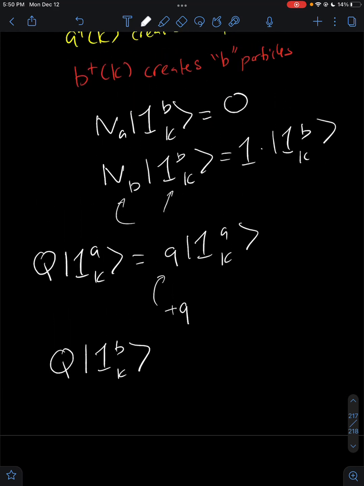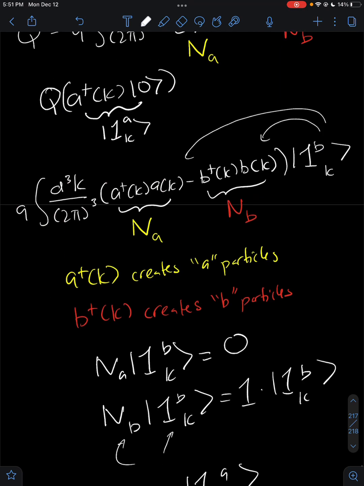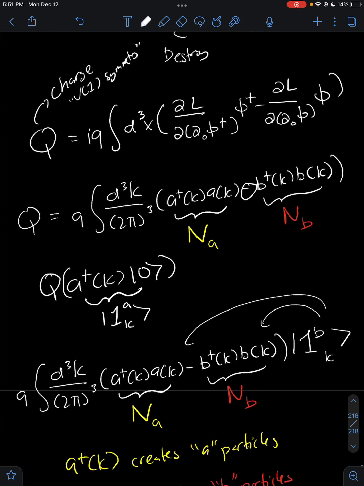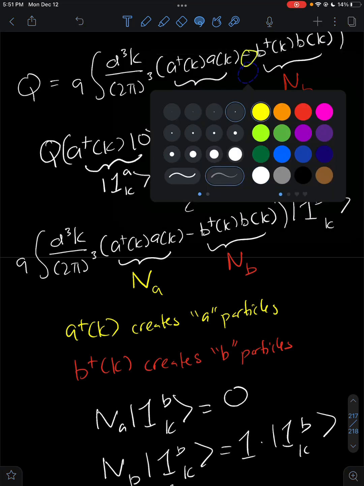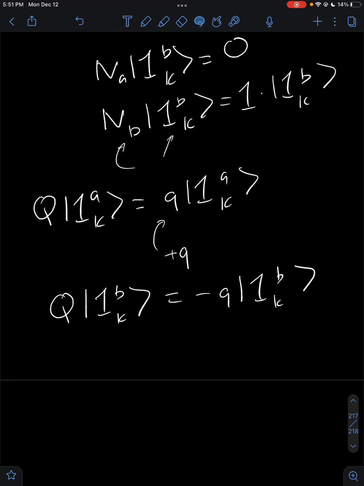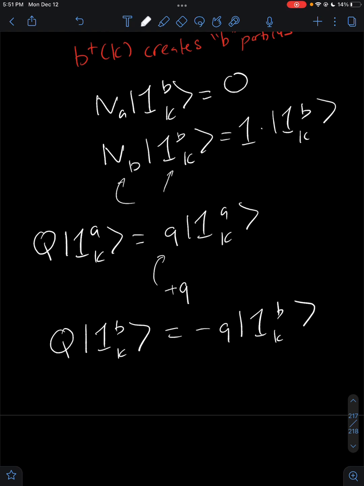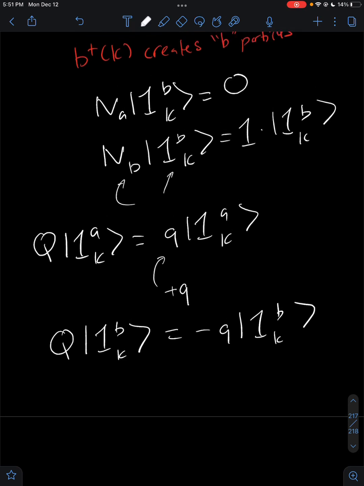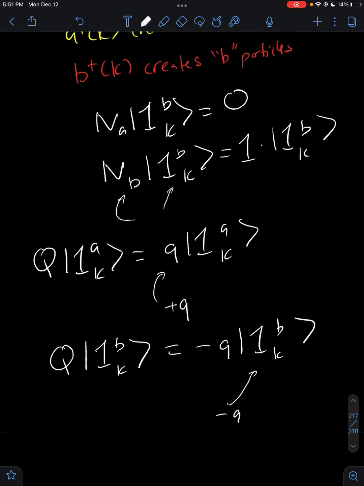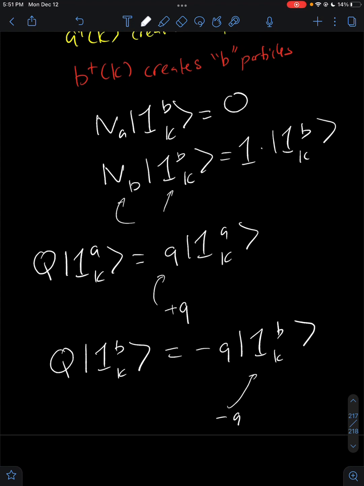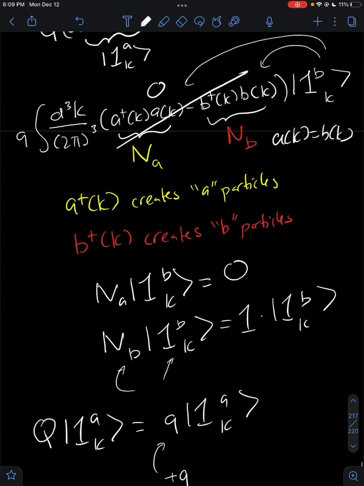And as a result, that's going to give us negative Q times the same state, since we have a minus sign right over there. So we have a minus sign. Let's make that clear. So that's why we have negative Q. So when the charge operator acts on the B particle, we say that it has a charge of negative Q. But when the charge operator acts on the A particle state, we find that it has a charge of positive Q. So we found out that particles and antiparticles differ by having a different charge.